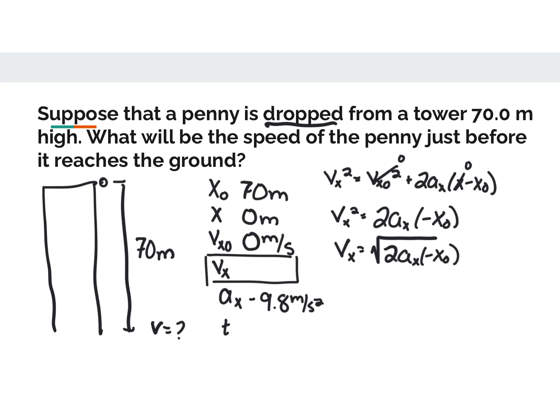And now I'm going to plug in and solve. So final velocity equals the square root of 2 times negative 9.8 times negative 70. Those two negatives are important. They turn it into a positive. And then, again, sorry that I don't have a calculator, but whatever that is would be your final velocity.